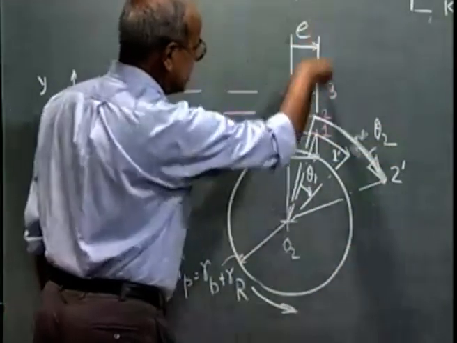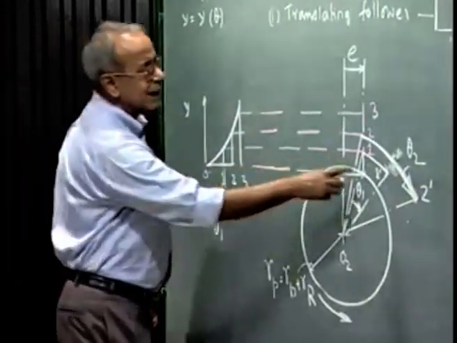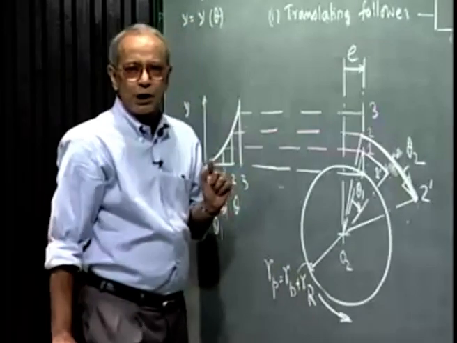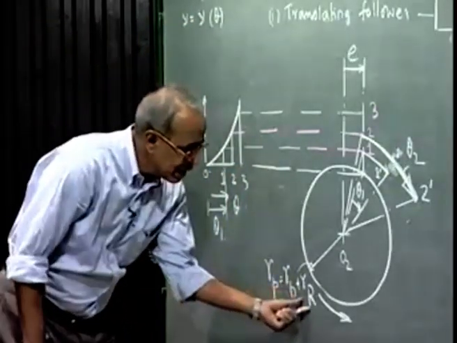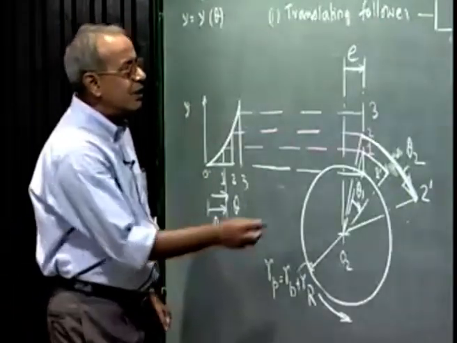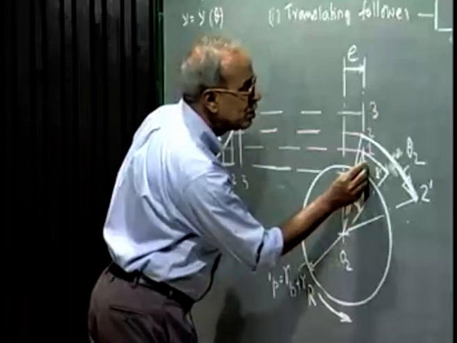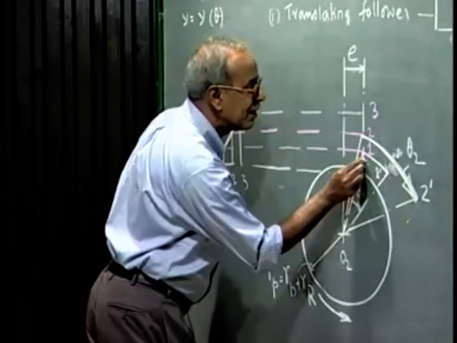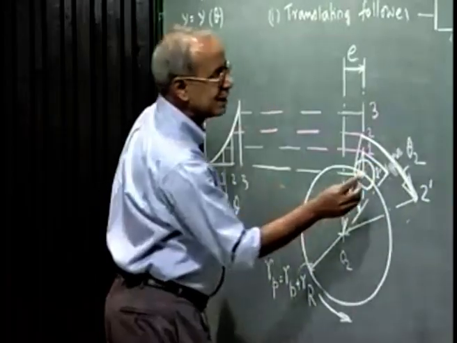Similarly, I do this for all the station points, namely 1, 2, 3, 4, like that. These are the inverted positions of the trace point. What is the trace point? The trace point is the roller center and the roller radius is given. So everywhere, corresponding to 0, this is 0, I draw the roller whose radius is given.